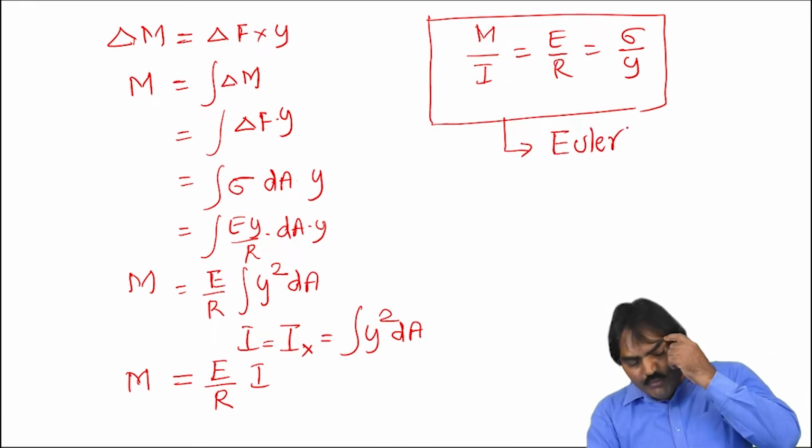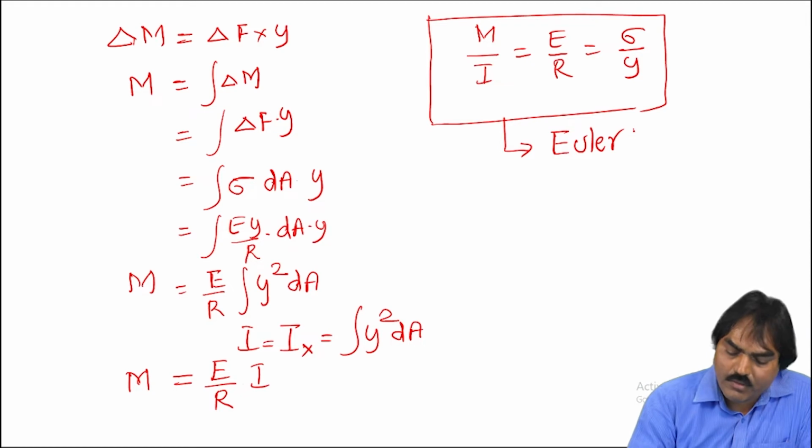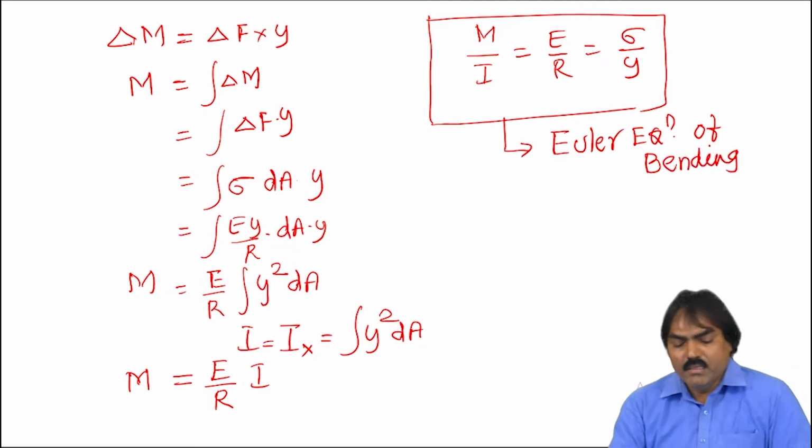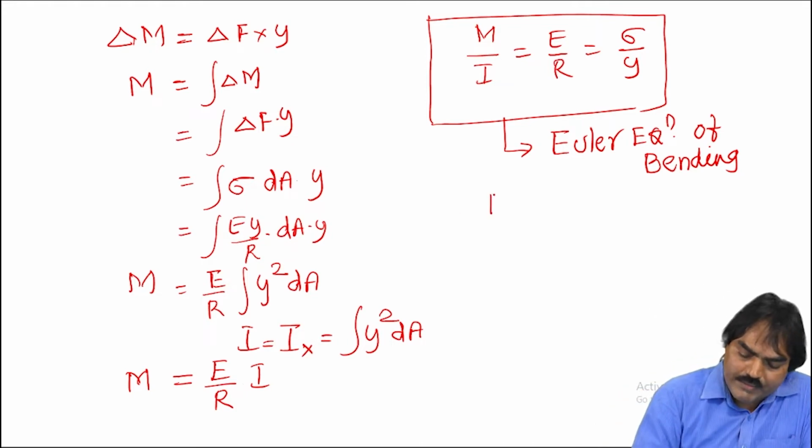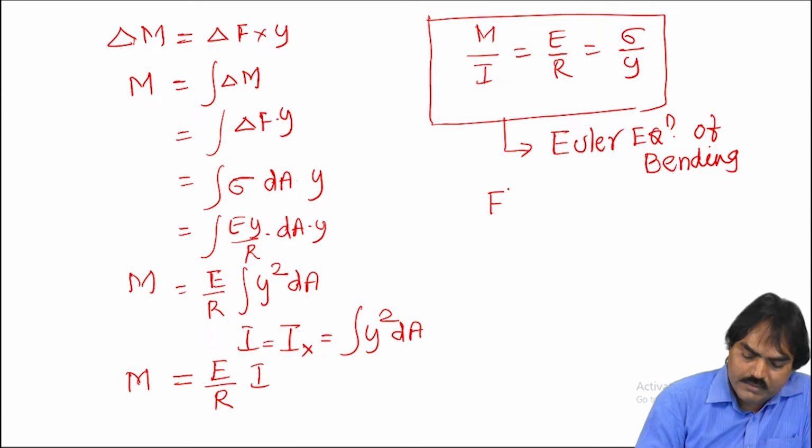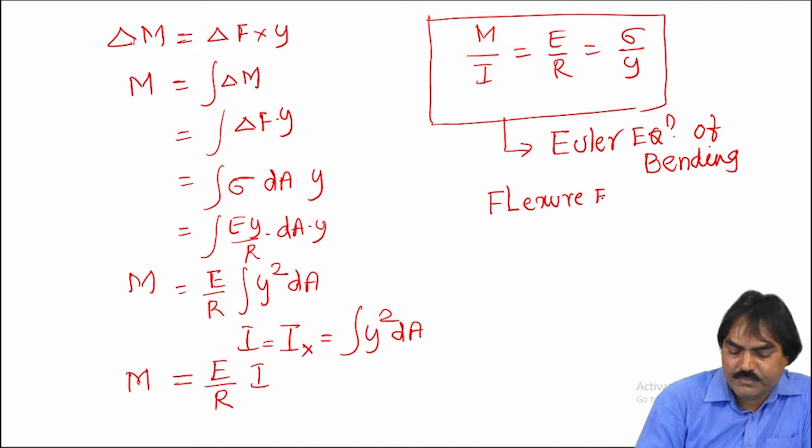That's why this is called the Euler equation of bending. Since the beam theory is also called flexure theory, this is also called the flexure equation of bending.